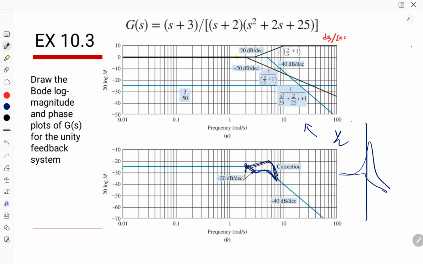But let's look at this. 1, 2, 3, 4, 5. So 5 is still the largest or biggest peak, and then it will kind of smooth and take the shape. So the fact that s squared is taking shape in the mix of first order and second order, it will be interesting to see whether you can smooth it out.